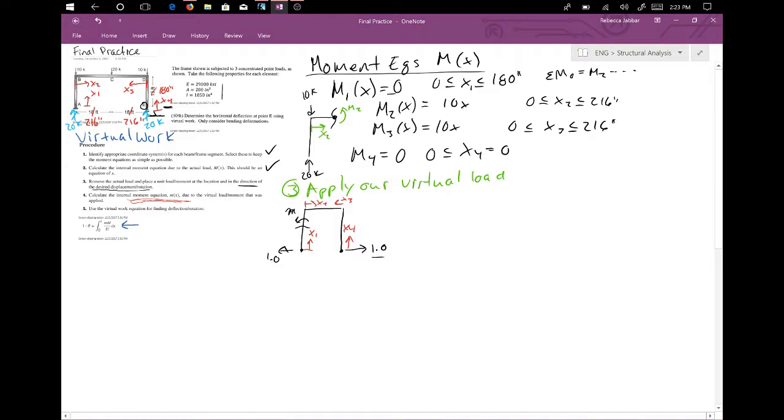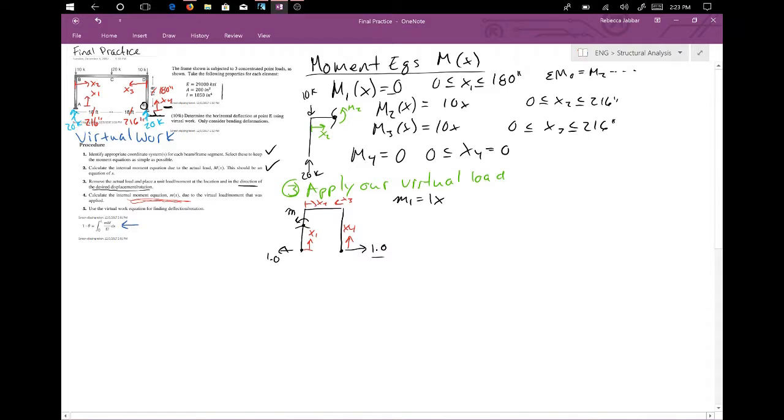We're going to use a lowercase m to distinguish between our different moment equations. So that'll be our first one, and that's just equal to 1 times x. This is causing a negative moment at this section, and the distance is x. I hope I don't have to explain that too much.